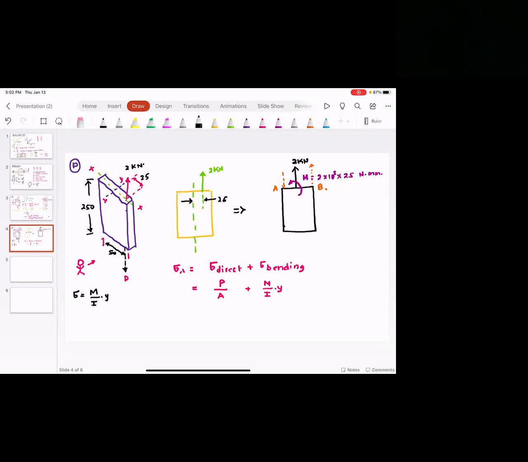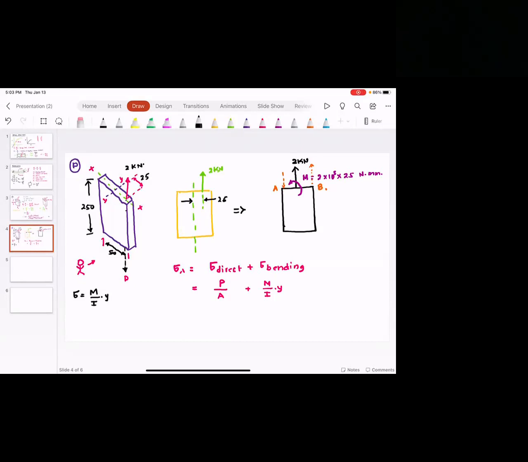If you look at the direct load, the load is tensile, the component is pulled, which means if you assign tensile stresses to be positive, the direct stress is positive. But the bending stress is compressive, so it has to have a negative sign.